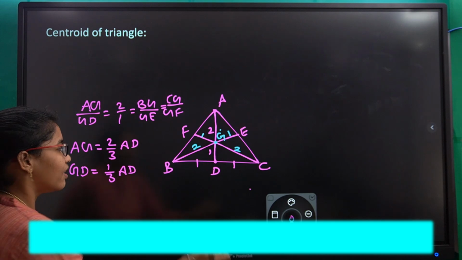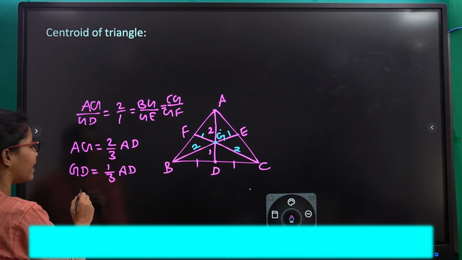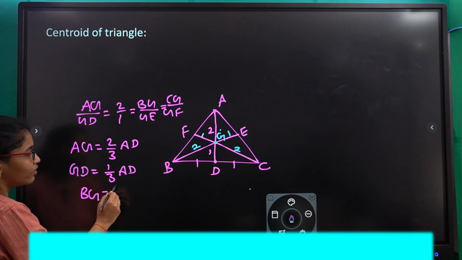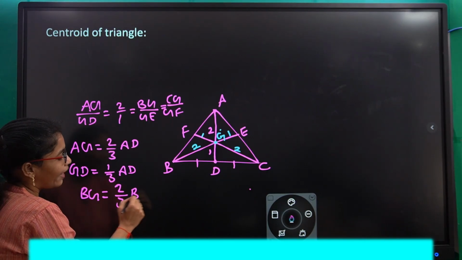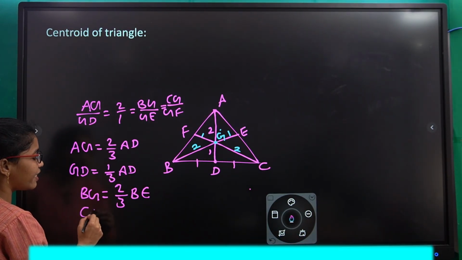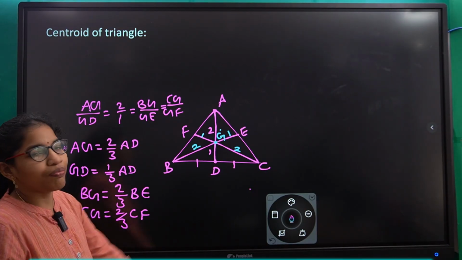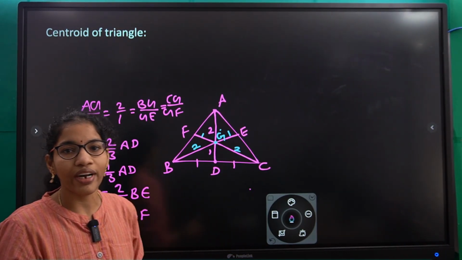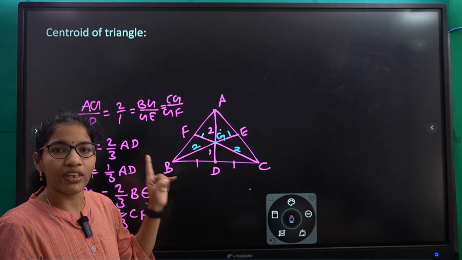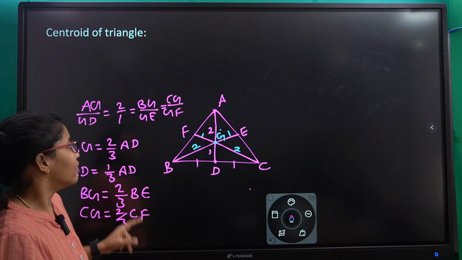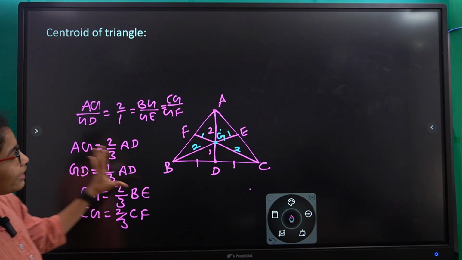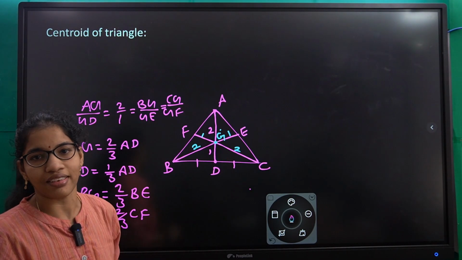Clear? In the same way, you can write BZ as 2/3 of BE, and CZ is 2/3 of CF. So the distance from the vertex to the centroid is 2/3 of that median. Clear? Right. These are the different relations between the medians and the centroid.